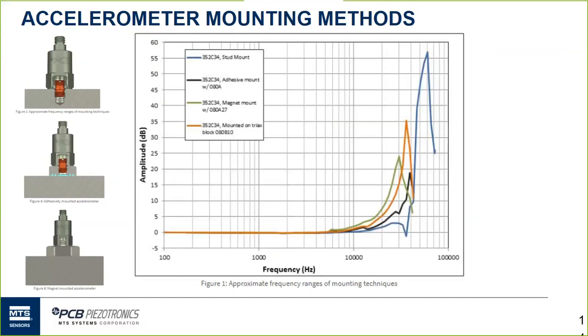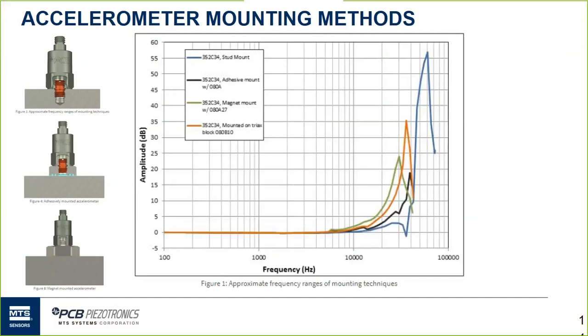So let's take a look at accelerometer mounting methods. Starting in the upper left-hand corner, we have a typical accelerometer. In this case, that is stud mounted. So the accelerometer has either a male or female tap-threaded hole, and through use of a supplied mounting stud, the sensor is secured via stud, and that allows a very good coupling of energy between the mounted surface and the accelerometer.